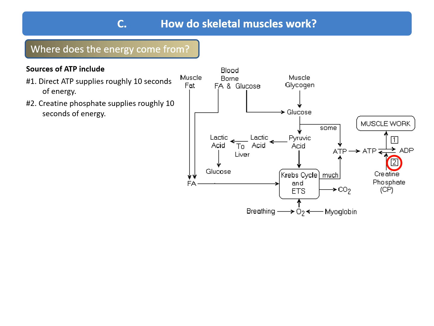Step two would be creatine phosphate, that supplies roughly 10 seconds worth of energy. It does so by allowing ATP to be regenerated from ADP. Creatine phosphate, sometimes called the phosphagen system, is generated by an enzyme called creatine phosphokinase.